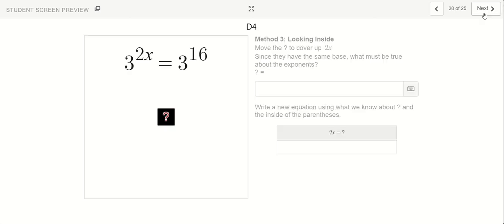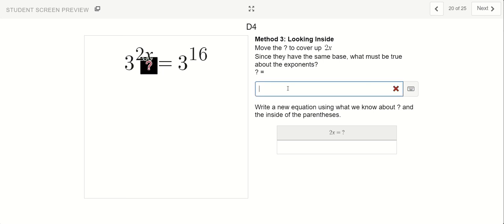And finally, for our last equation, looking inside. Since these have the same base, if I cover this part up, in order for these two expressions to be the same, what does the number in the corner have to be? Since they have the same base, and this part's already 16, whatever goes up here in the corner has to also be 16.